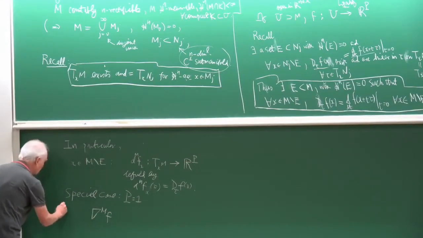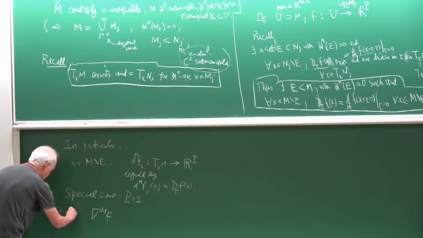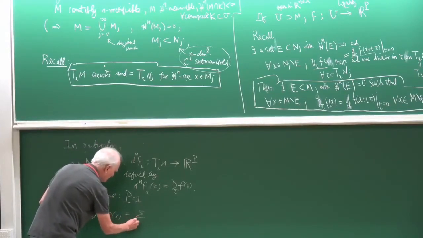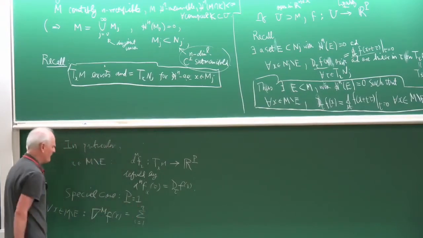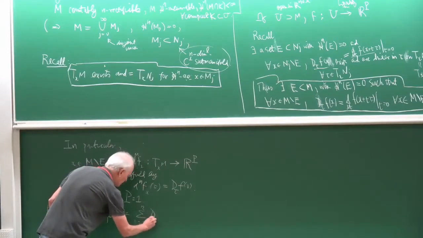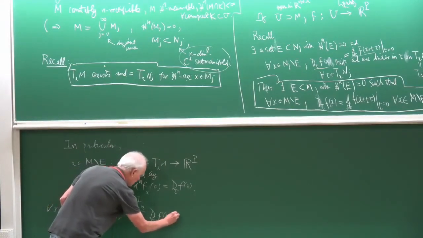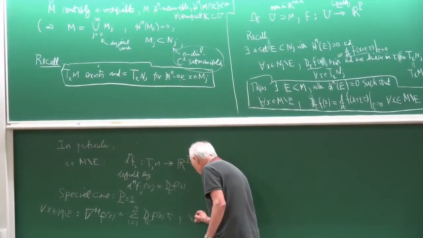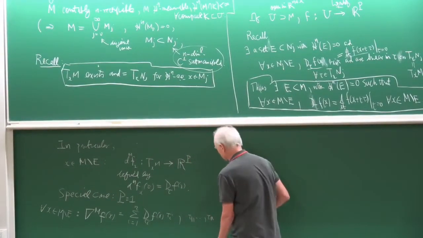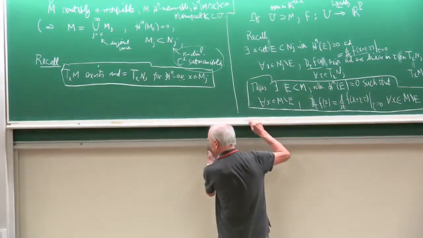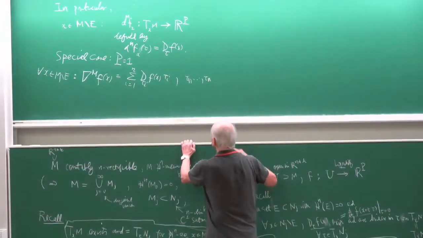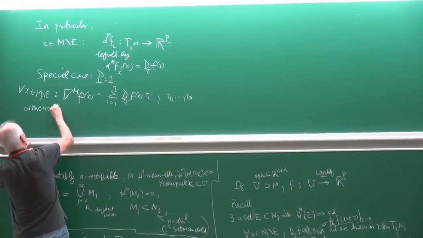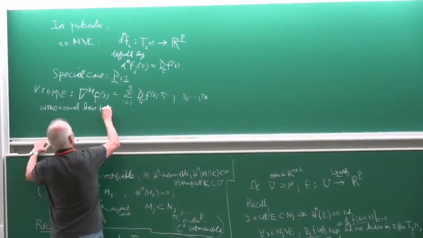For every x in M minus E, we can define the gradient of f at x, just as we did in the smooth case, as the sum from i equals 1 up to n of the directional derivative in the direction tau_i of f at x, times tau_i. Here tau_1 up to tau_n is an orthonormal basis for the approximate tangent space.